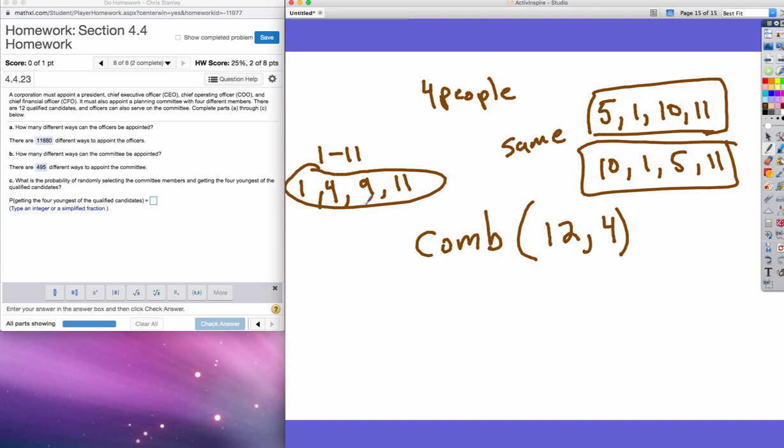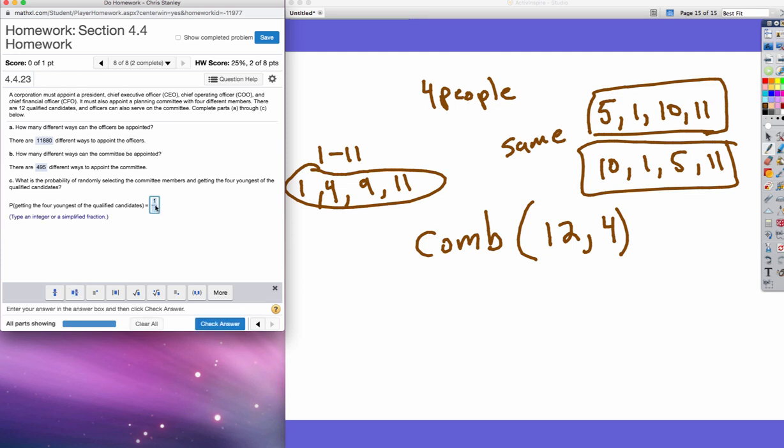This one's a little bit tricky, because if you change the order, that would actually matter. So this should be 1 over that top number there. I'm going to do it in fraction: 1 divided by 11,880. Pretty sure this should be right.